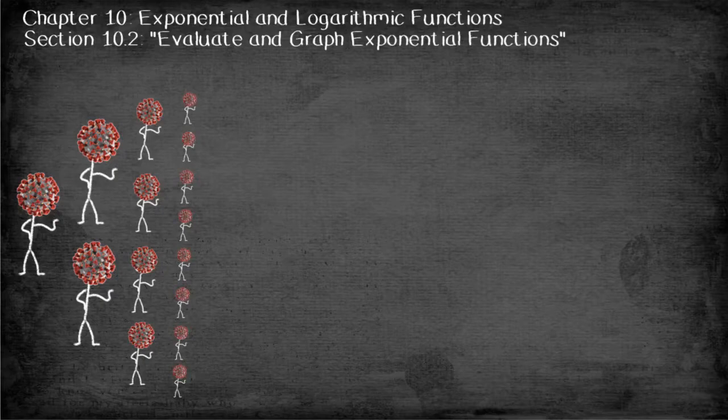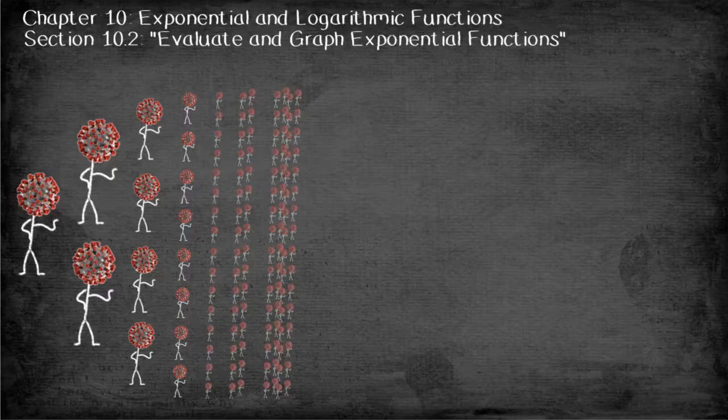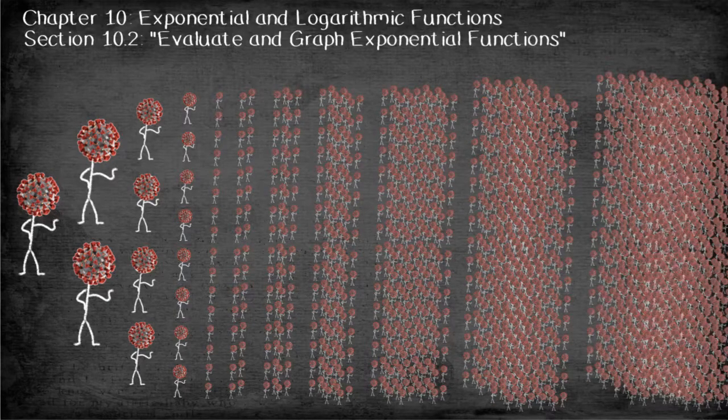And the process repeats, but since everyone is infecting two other people, the number doubles every time. So understanding exponential functions will perhaps put some perspective on the current events of the world and what makes the spread of disease so scary, especially if it's really contagious.